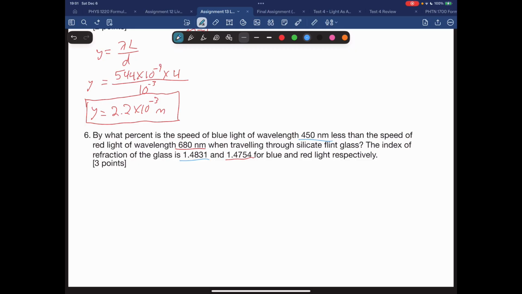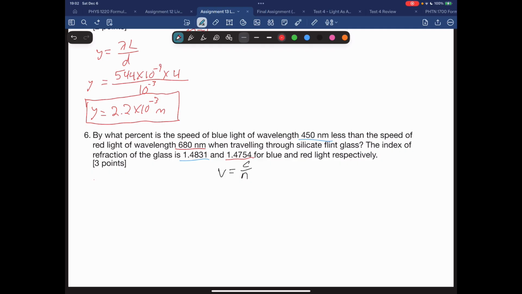So I'm going to have to find the speeds using this equation. The speed of light in a medium is equal to the speed of light in a vacuum divided by the index of refraction for that wavelength in that medium.